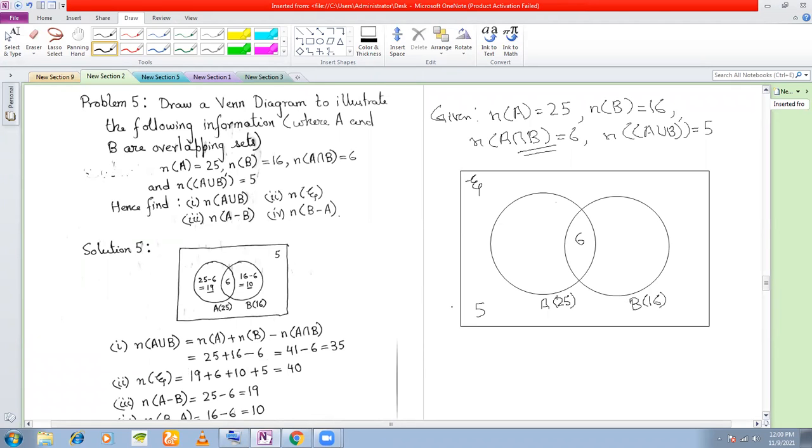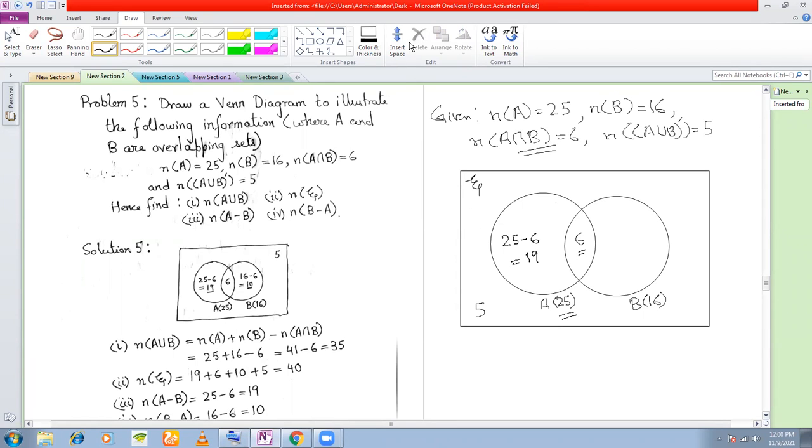Now, when I say the elements of the set A only, what do I mean? The cardinality of A is 25 and the cardinality of A intersection B is 6. That means the elements of A only will be 25 minus 6, which is equal to 19.